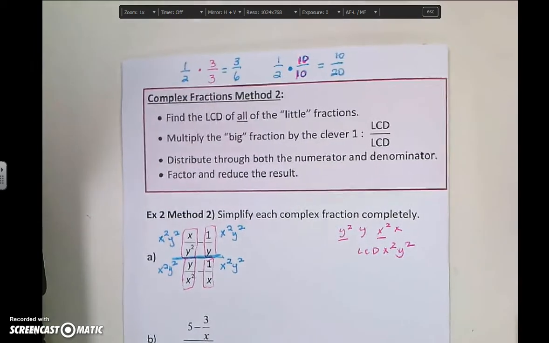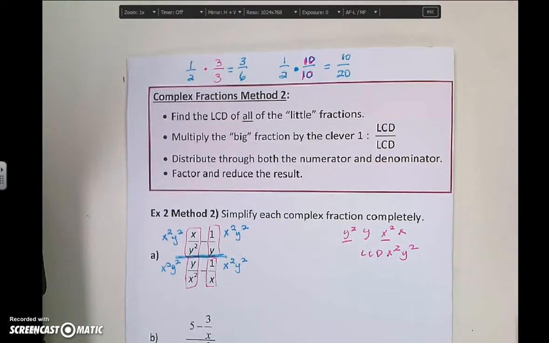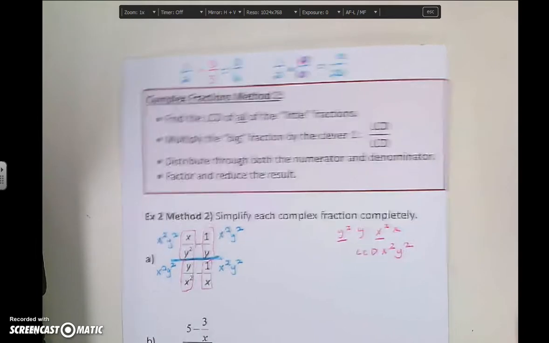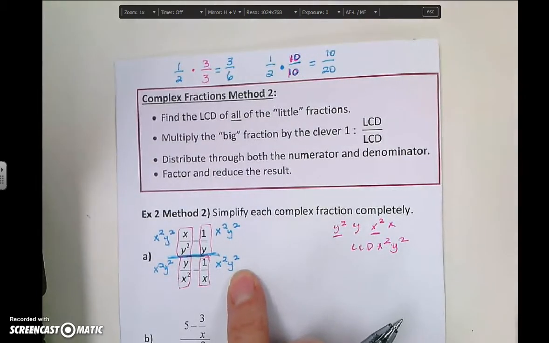So notice in this method, I am finding the LCD of all the fractions, both numerator and denominator combined, and I multiply all of them by the same thing.